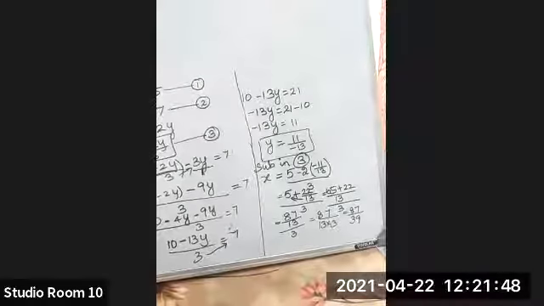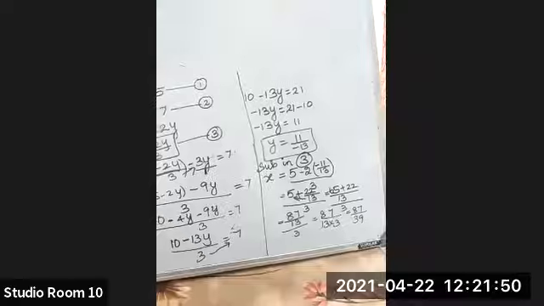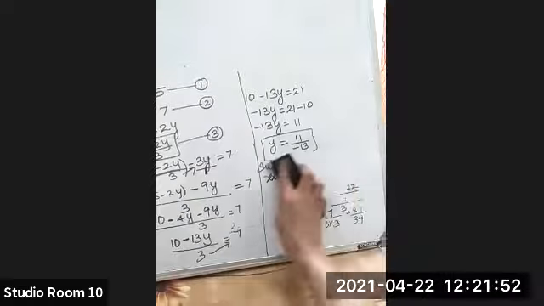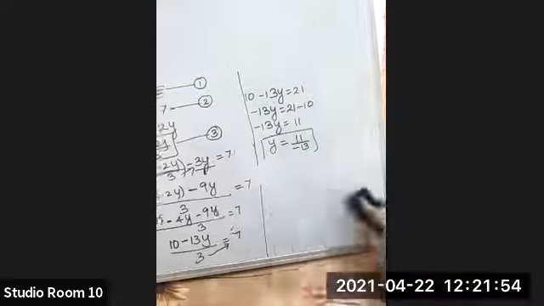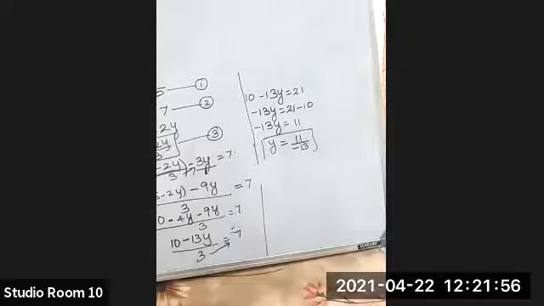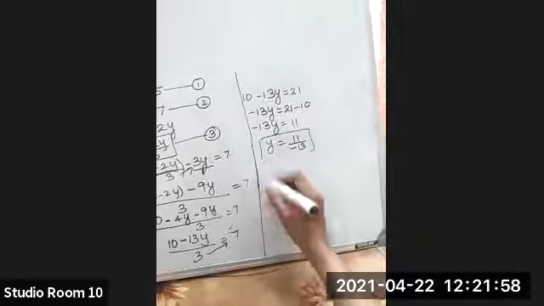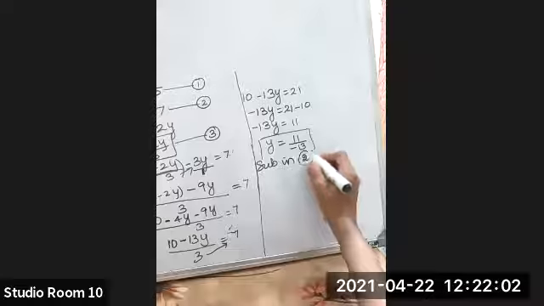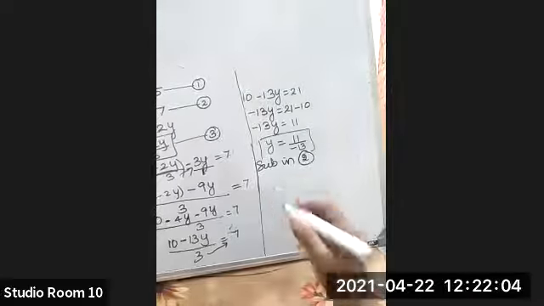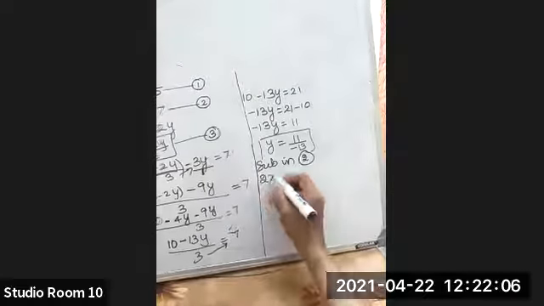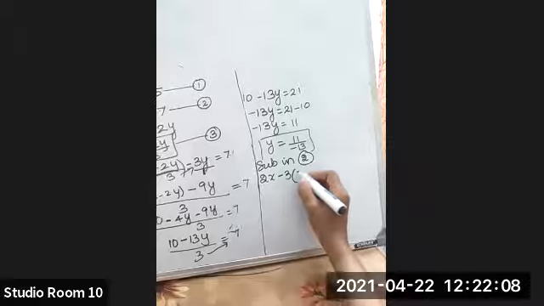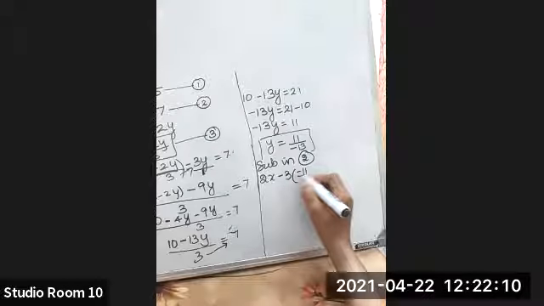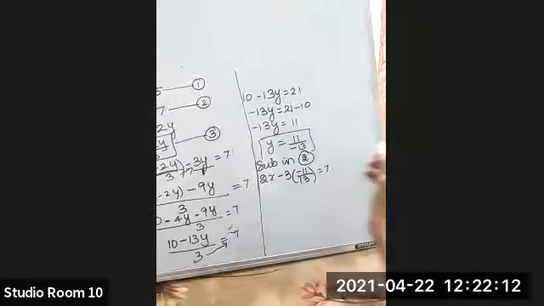Okay, so now, for the time being, don't write. Instead of substituting in the third equation, suppose I substitute in the second equation. Will it be easy? Check it. 2x minus 3 into minus 11 by 13 is equal to 7.